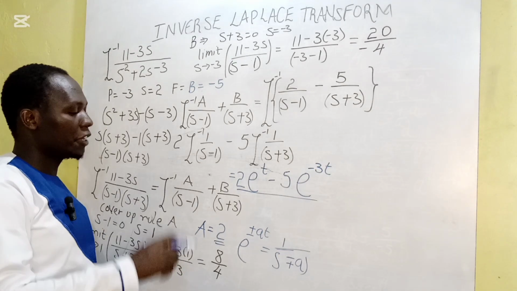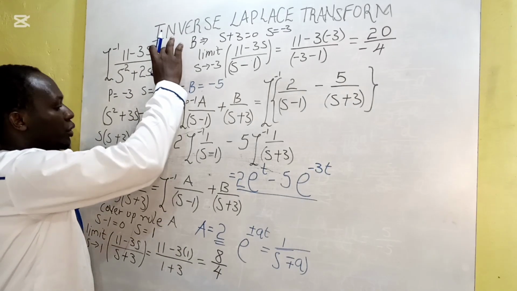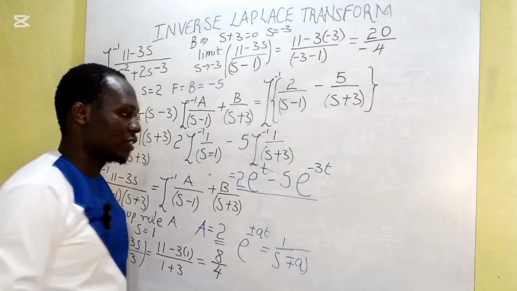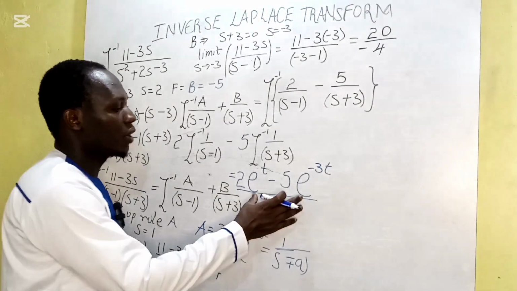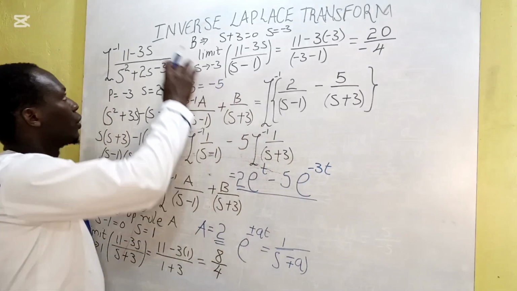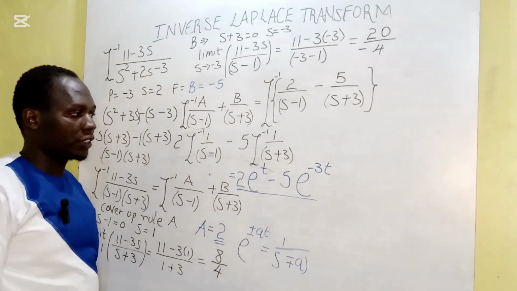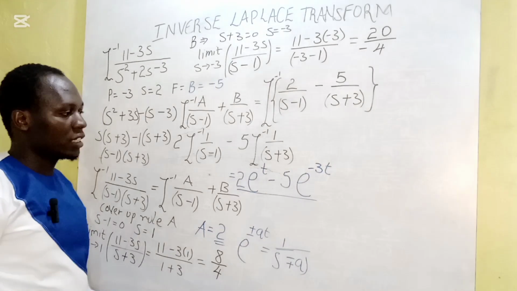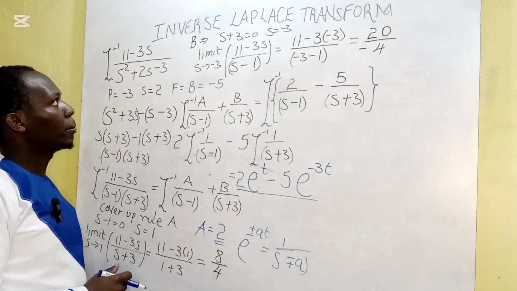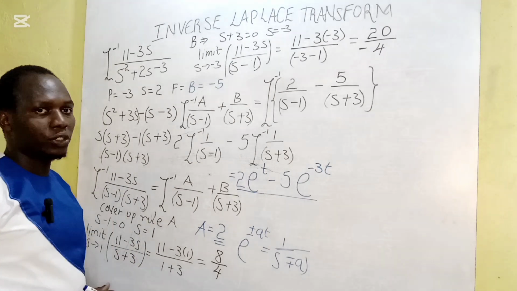When you work out the inverse Laplace transform of our function here, you must get this answer. And by using the first principle also, you can work out this example to end up with this function here. And this is how you go about the inverse Laplace transform of a function like this one.